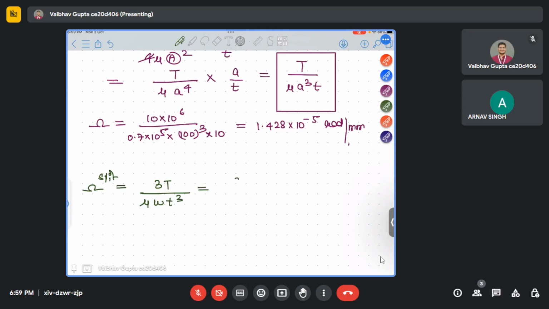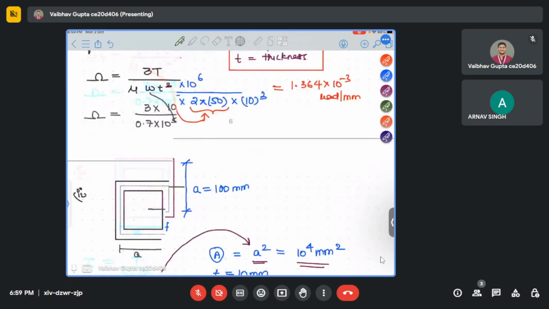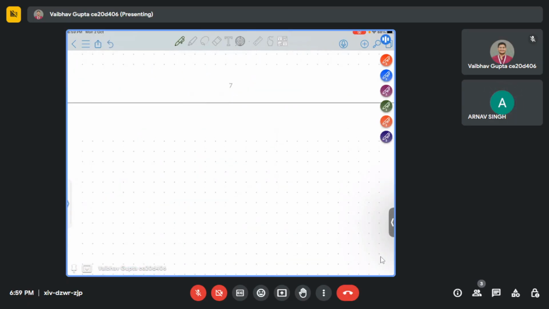So 3 into 10 into 10 to the power 6, mu is 0.7 into 10 to the power 5, w is nothing but the perimeter, which is 4a, 4 into 100, and t is the thickness. So the answer you will get is 1.071 into 10 to the power minus 3 radian per mm. Okay. Understood? Yes, sir. That is how to calculate for different cross sections also. Okay. So now we'll move to the third problem.